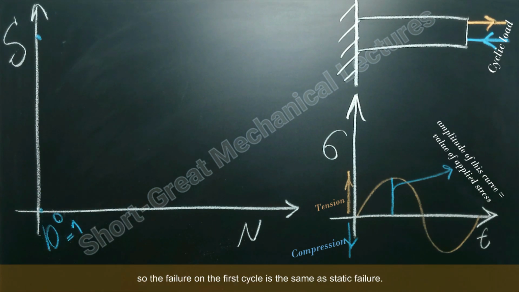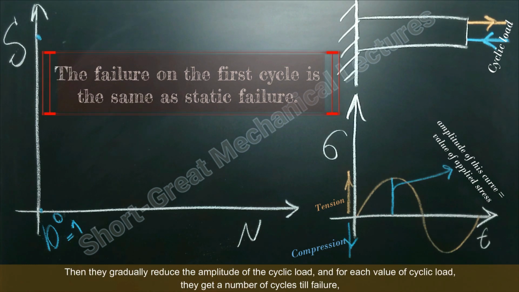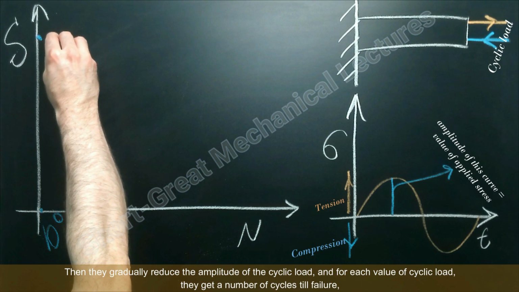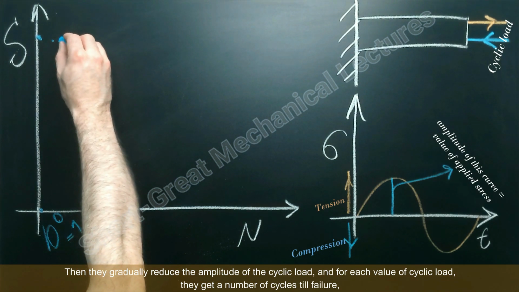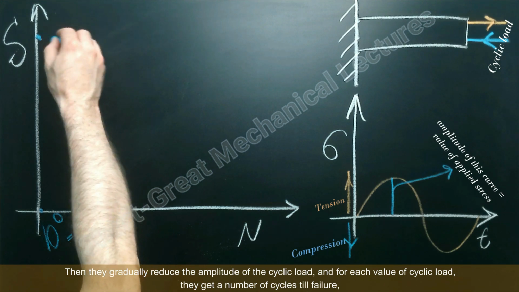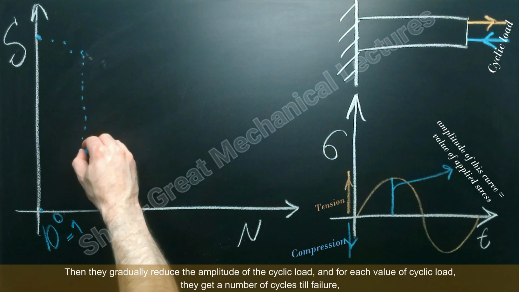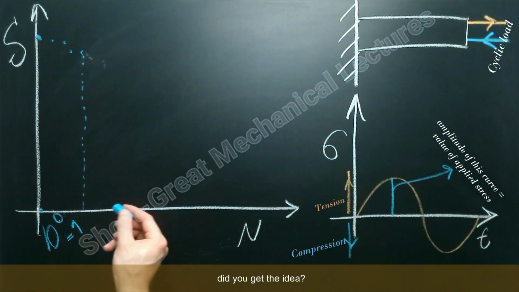So the failure on the first cycle is the same as static failure. Then they gradually reduce the amplitude of the cyclic load, and for each value of cyclic load, they get a number of cycles till failure. Did you get the idea?